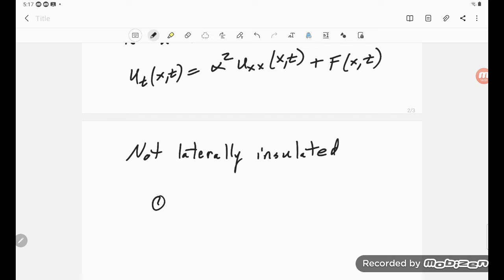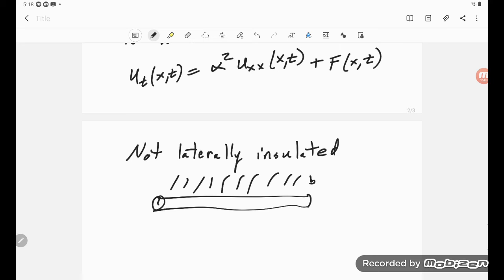And so they have this rod. And now, instead of insulation, you've got some sort of bath at 0 degrees Celsius.